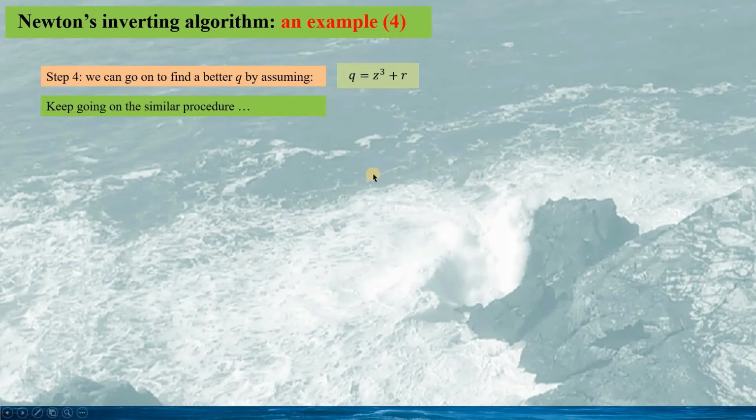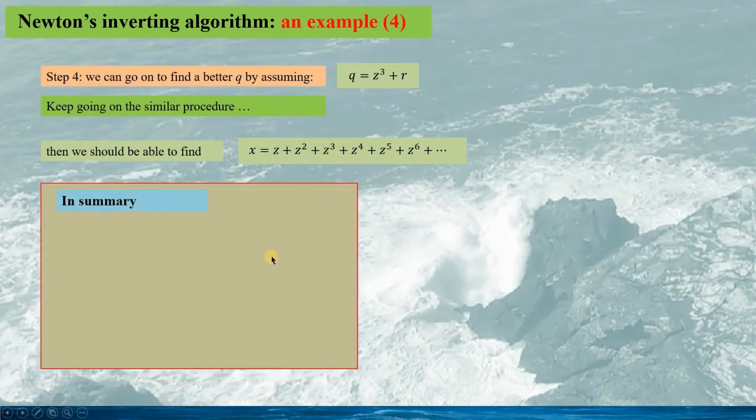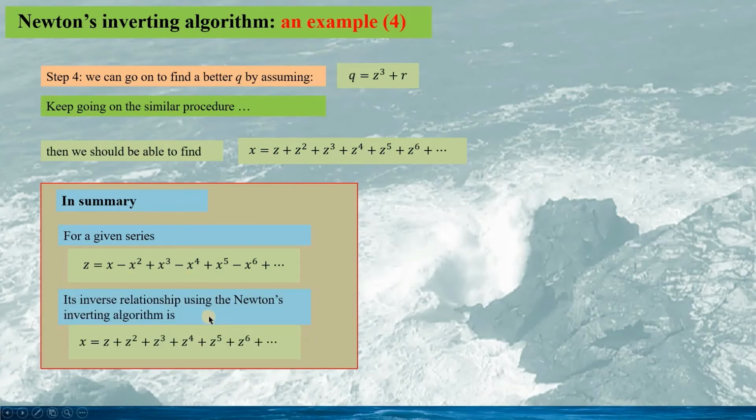Keep going with the similar procedure, we should be able to find the expression for x equaling z plus z squared plus z cubic plus z to the power 4, and so on. So in summary, for this inverting algorithm, for a given series like this, using Newton's inverting algorithm, we get the inverse relation between x and z given as this.